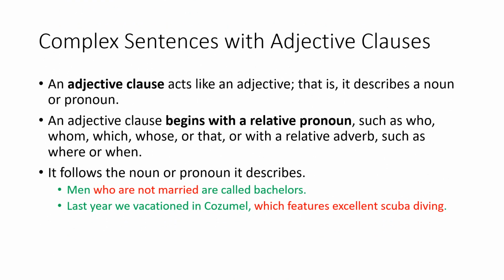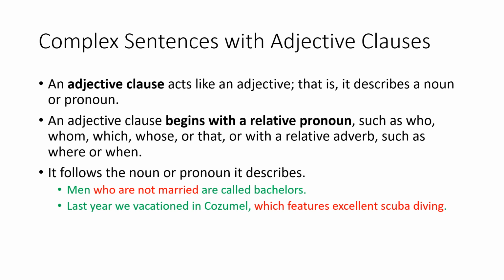Complex sentences with adjective clauses. An adjective clause acts like an adjective; that is, it describes a noun or a pronoun. An adjective clause begins with a relative pronoun such as who, whom, which, whose, or that, or with a relative adverb such as where and when.